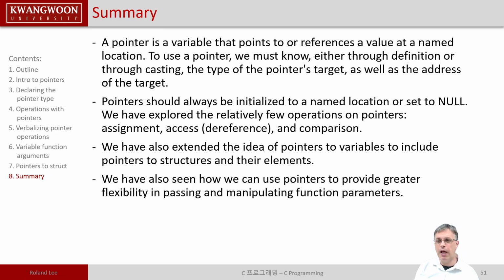So in this chapter, we learned how a pointer is a variable that points to or references a value at a named location. To use a pointer, we have learned that we must know, either through a definition or through casting, the type of the pointer's target, as well as the address of the target. Pointers should always be initialized to a named location or set to null.